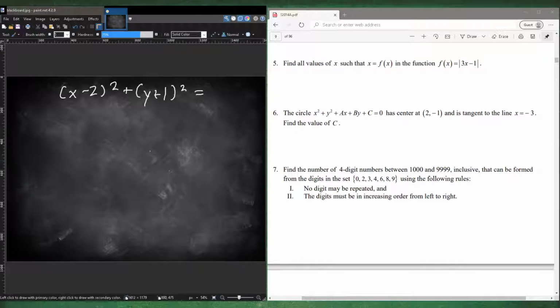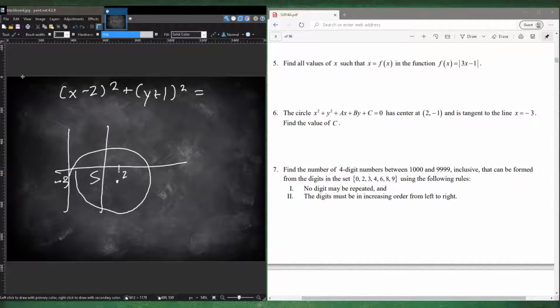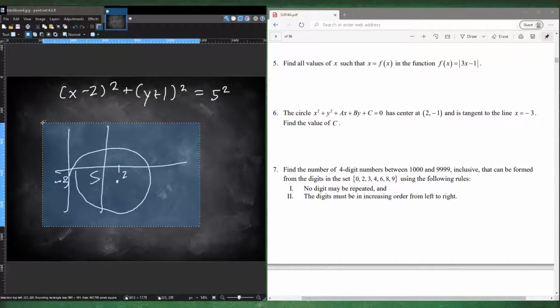So, drawing a general picture, the center is at 2, negative 1, and it's tangent here. So our circle's like this. So we're working from 2 to negative 3. So that's a difference of 5 in your radius. So that would be 5 squared here. Drawing a little picture for geometry always helps.